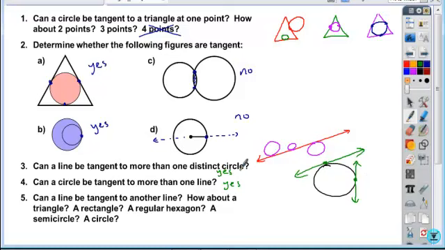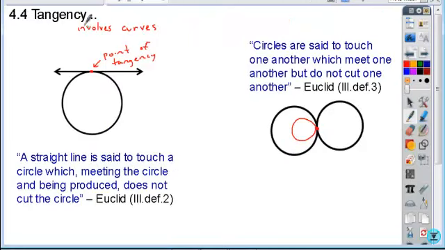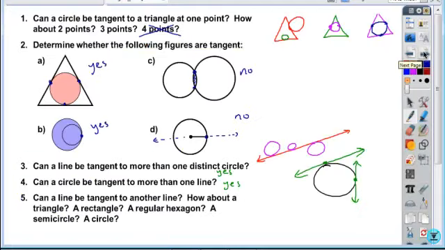Can a line be tangent to another line? I mentioned right here, in order to have tangency, you have to have a curved side, or a curved segment or piece. So can a line be tangent to another line? No. How about, can a line be tangent to a triangle?